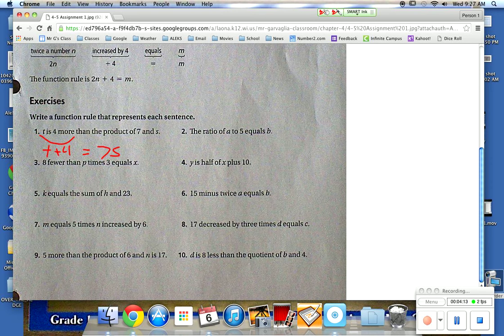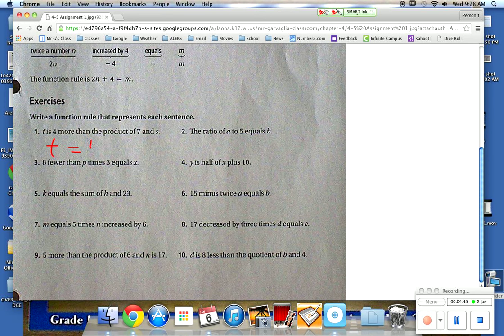I'm sorry, I did this wrong. T is means equals.